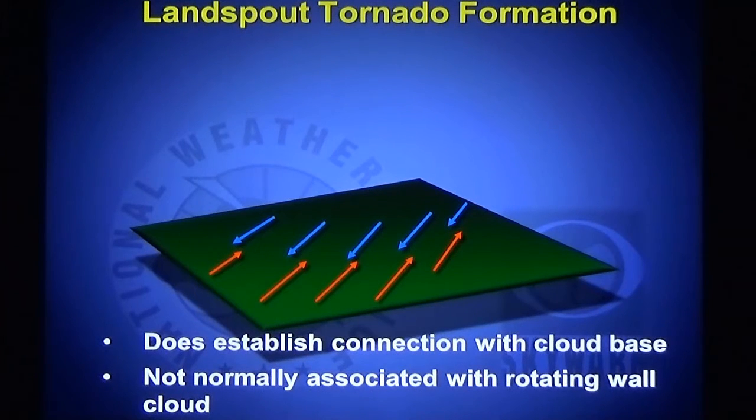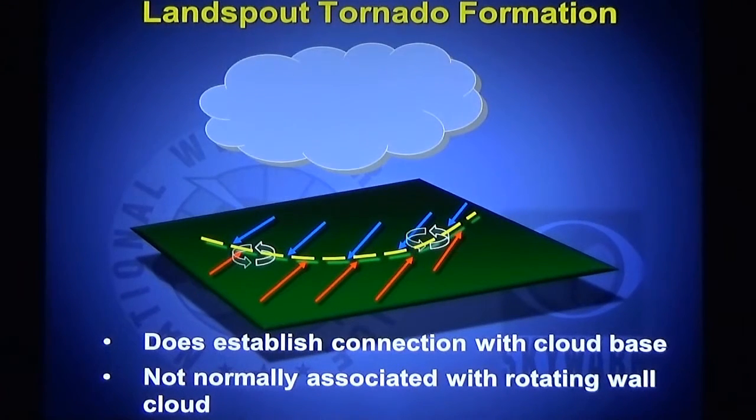How do landspout tornadoes form? Well, we have cool air, in this case, moving south and warm air moving north. A boundary sets up between the warm and cool air, and circulations form along that boundary. Again, as the cool air pushes south and the warm air pushes north.